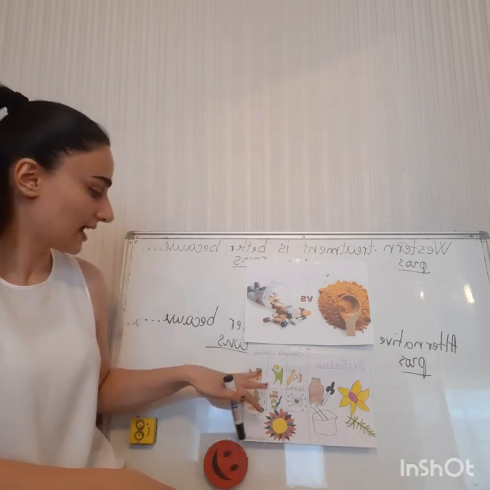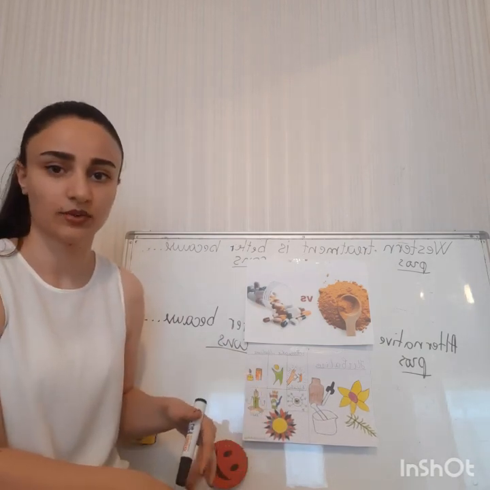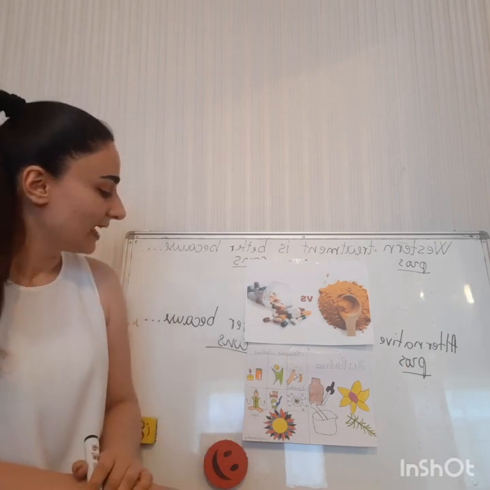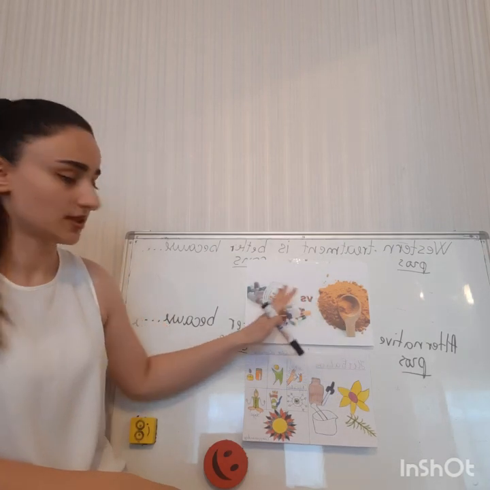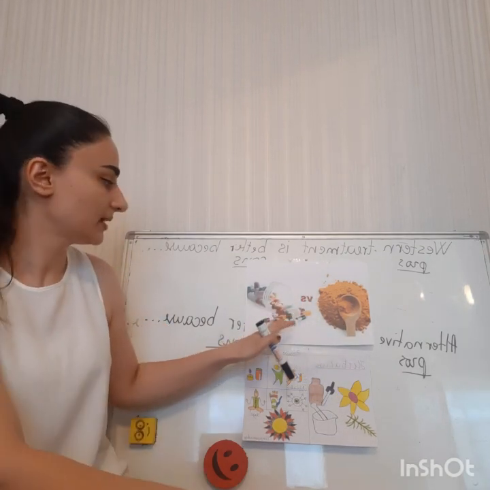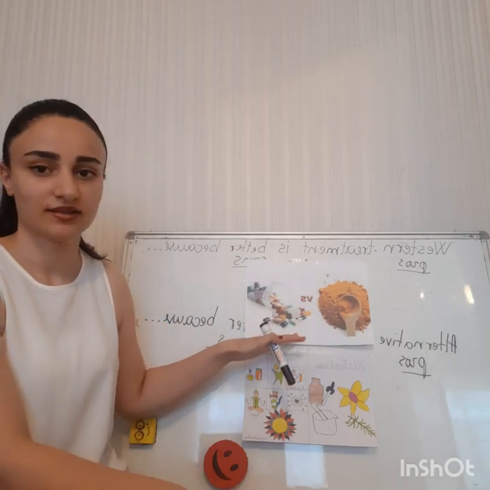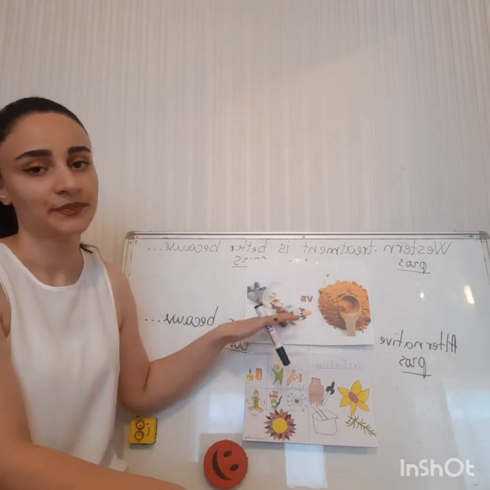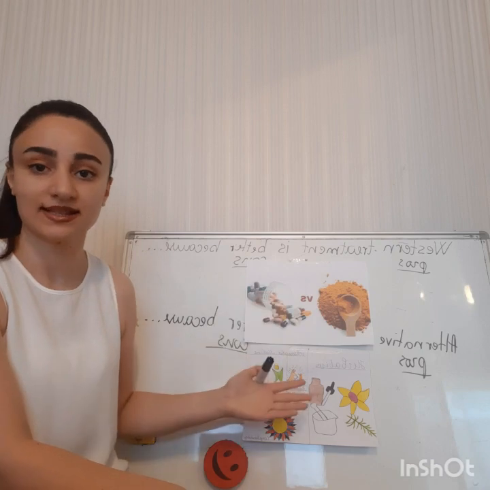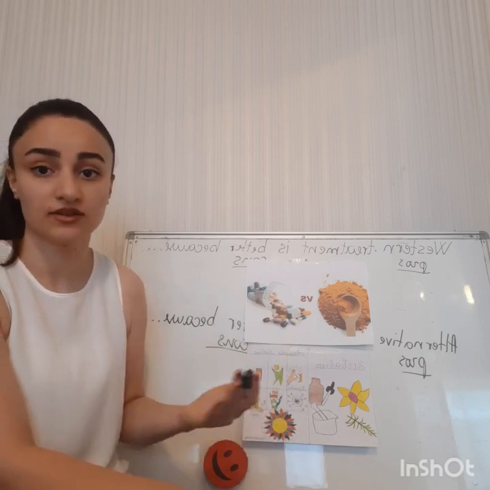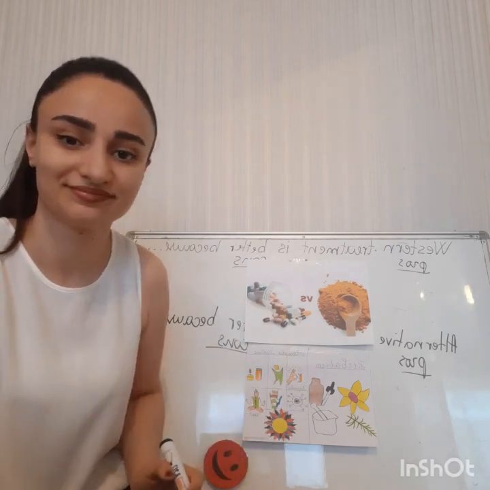And then we have aromatherapy, where we use mainly herbs. And then here the alternative treatment versus Western treatment. And as you can see, Western treatments mainly consist of using drugs and medicines or even surgery operations.